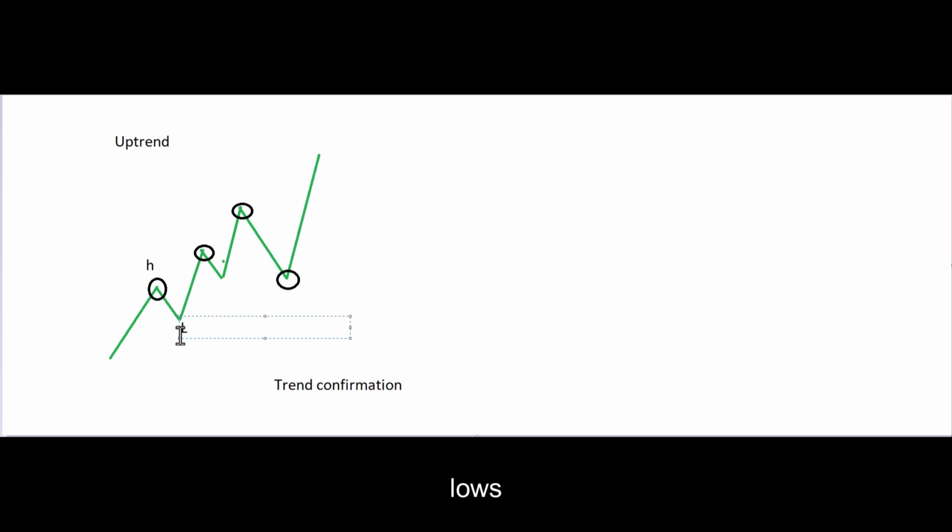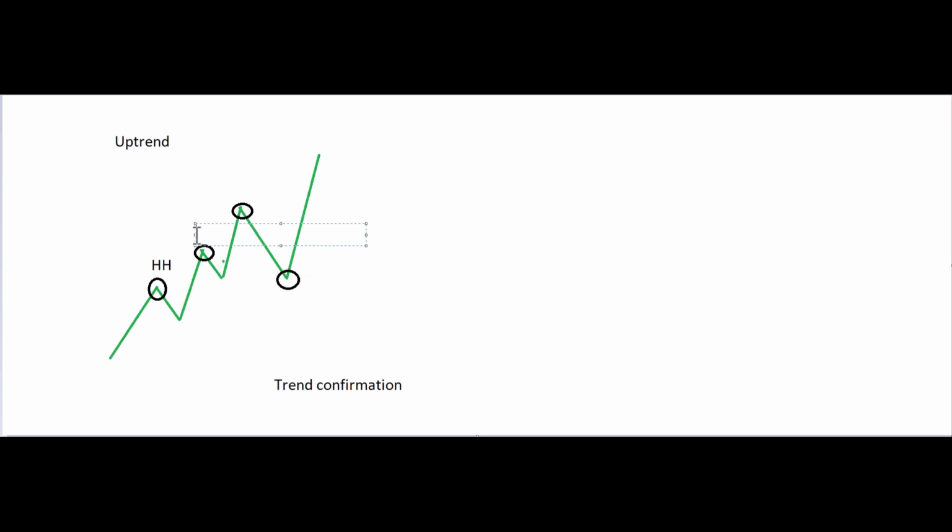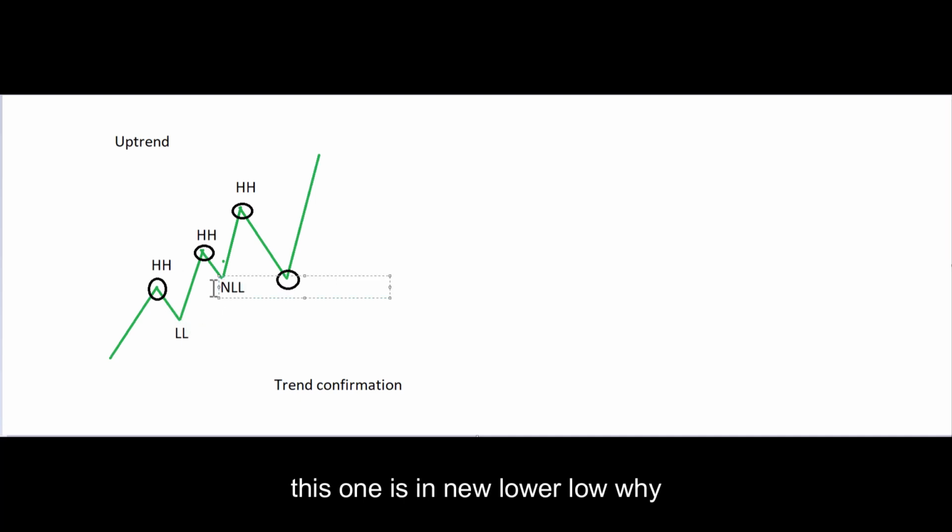Normally in an uptrend, we have seen the market makes higher highs, right? Here the market has made a higher high. Here the market has made a higher high. But if you look into it, you can see that in the uptrend, the market makes new lows which do not cross this line, right?